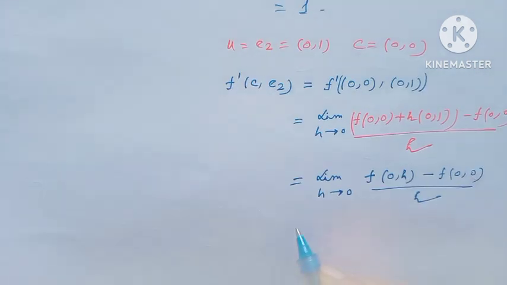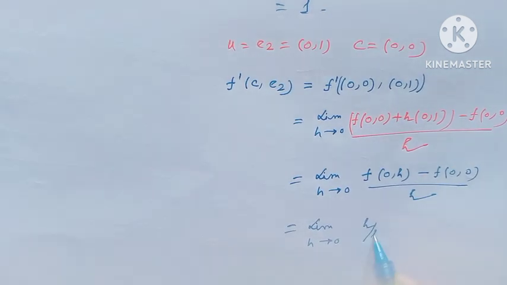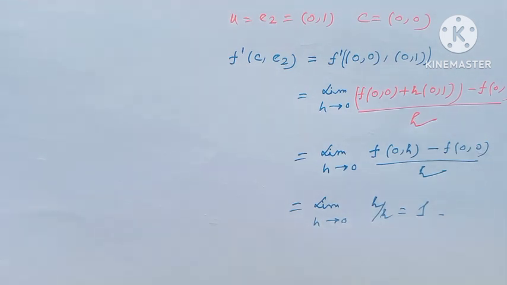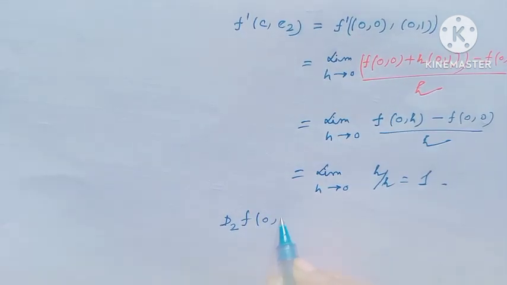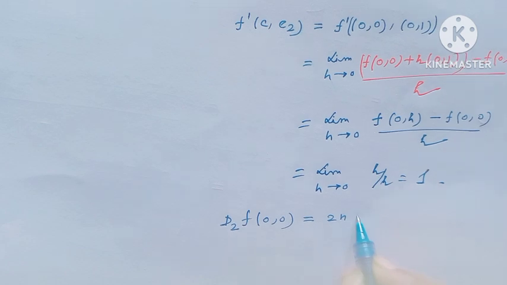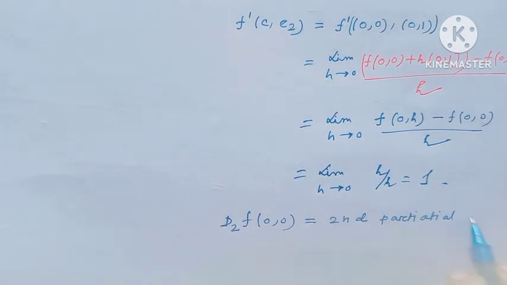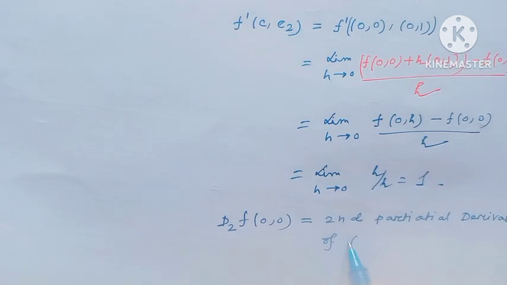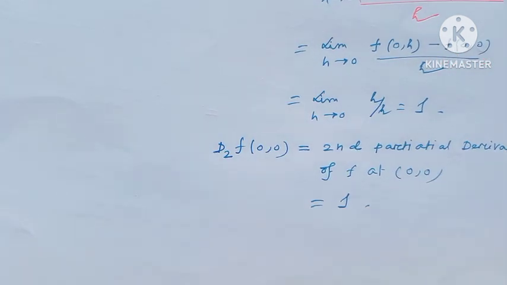So the limit of h over h equals 1. So D2 f(0,0), which is the second partial derivative of f at (0,0), is equal to 1.